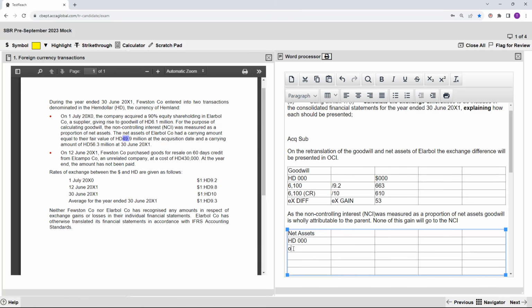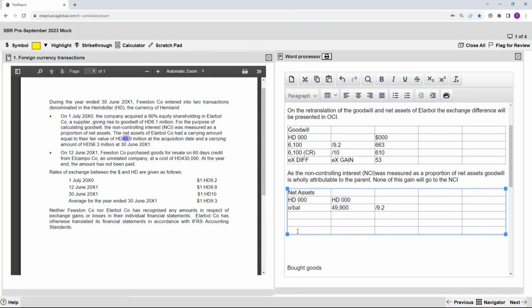So the opening balance of the net assets is 49,900, and that would be translated at the opening rate of 9.2.